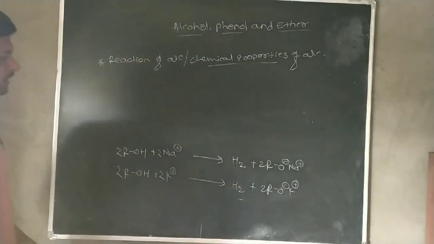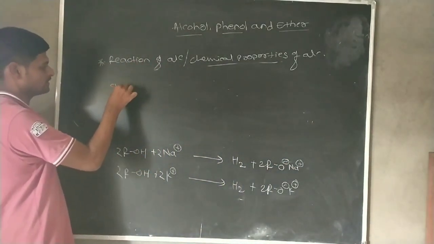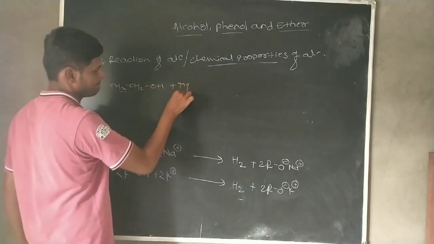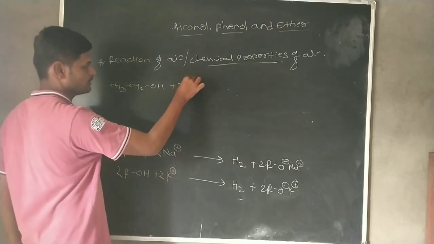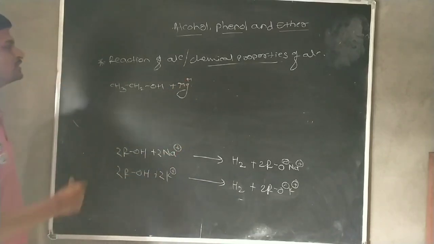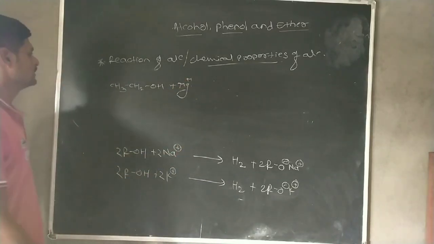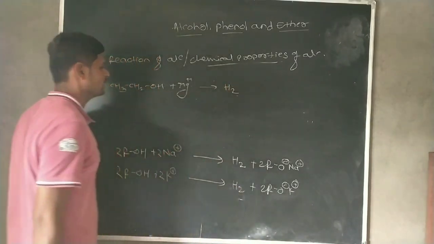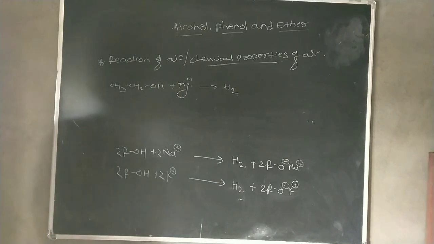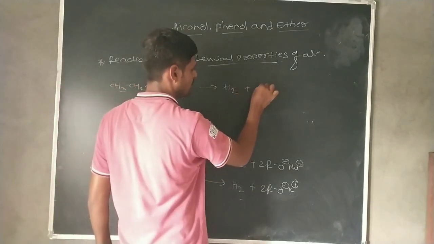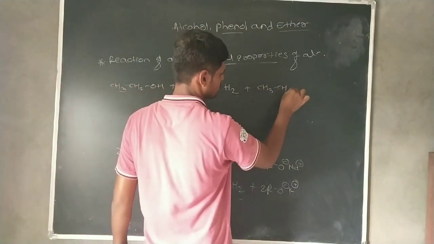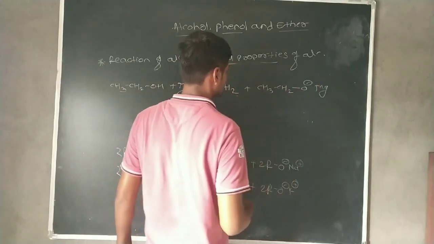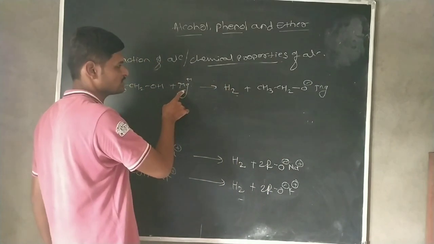After that, we consider the example CH3CH2OH reacted with magnesium. Magnesium shows the +2 oxidation state because the metal donates electrons. Then H2 gas is eliminated, and there is a formation of CH3CH2O- and Mg2+.